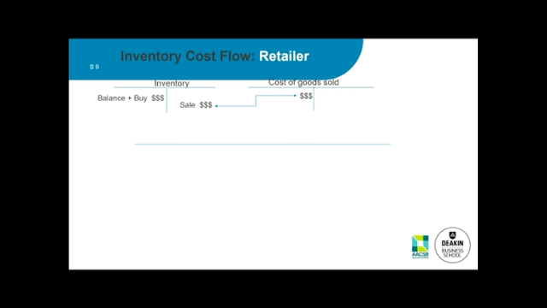Because, again, whenever an asset is consumed or used, we have to reduce it, and it becomes an expense. An asset becomes an expense. Because once we consume an asset, that part of the asset is no longer going to provide us with future economic benefit. And if it does not provide us with future economic benefit, it's no longer an asset. So what is it then?